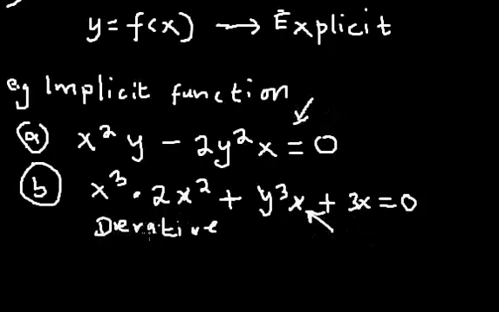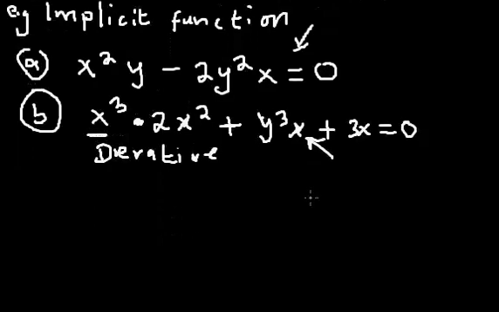Since the variables cannot be separated, we find the derivative implicitly. That means I don't need to separate the variables; I have to find the derivative of both the independent variable and the dependent variable of the function. So that's exactly what I'm going to do.